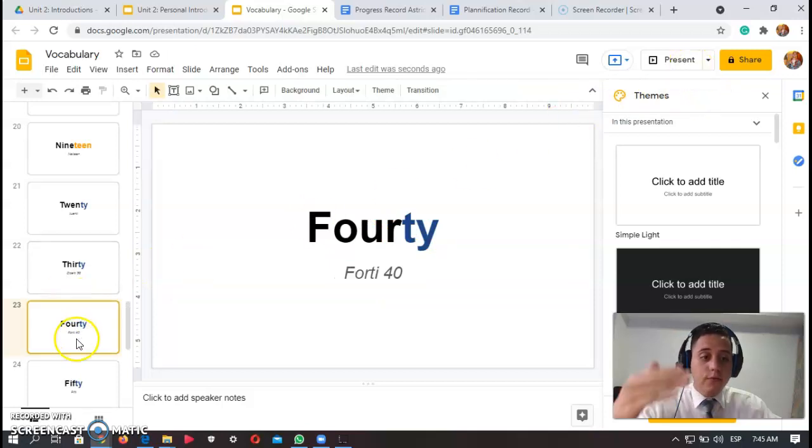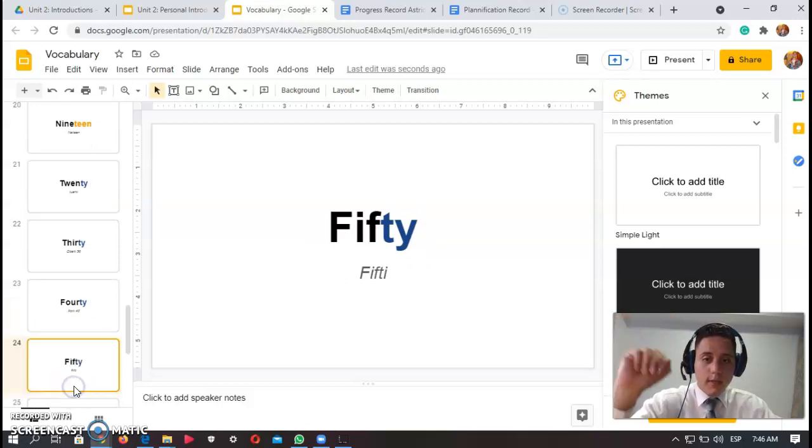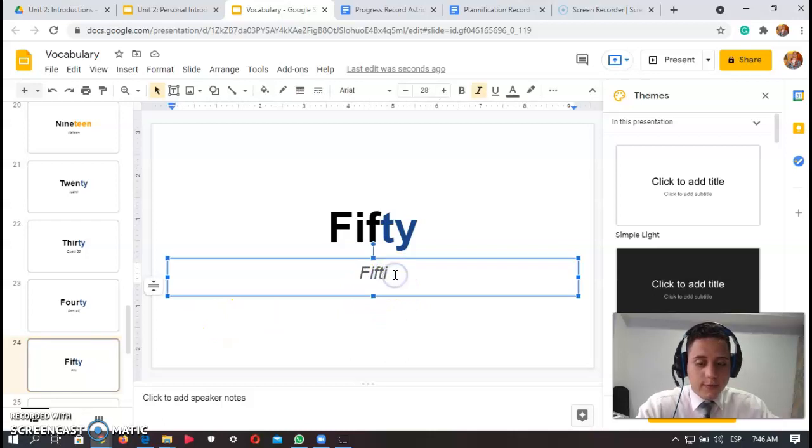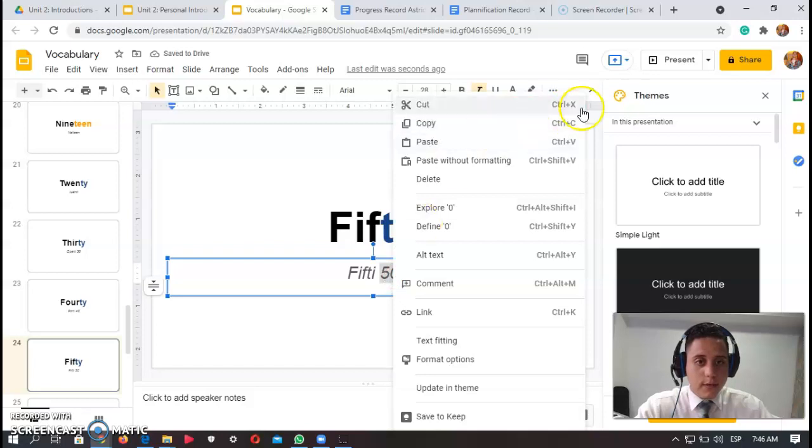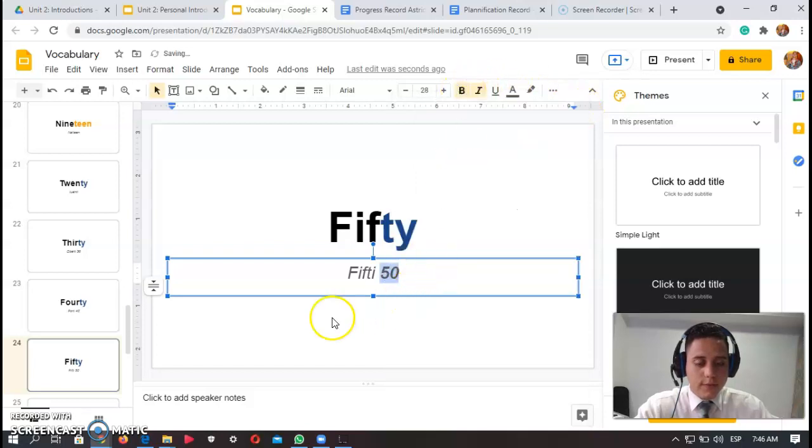40. After 40 we have 41, 42, 43, 44, 45, and so on and so on until we get to 50. 50 is this number. 50. Sorry. 50.